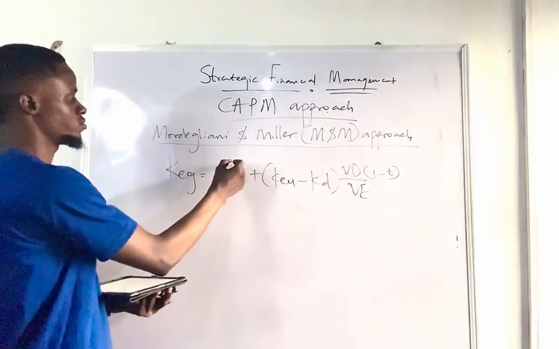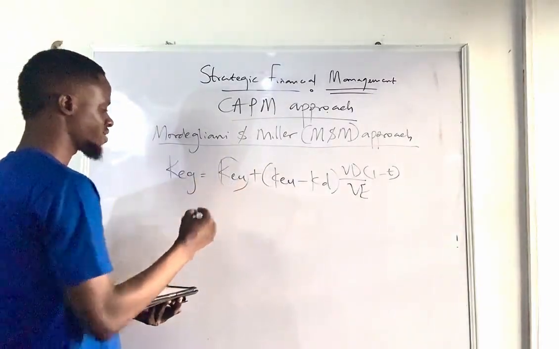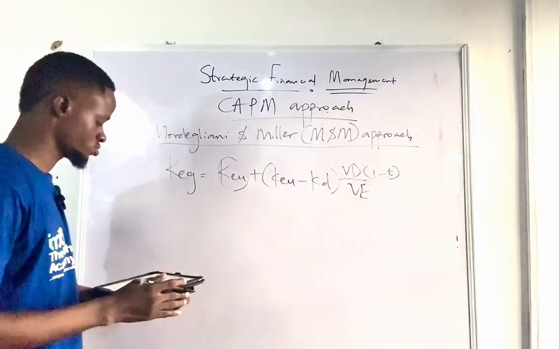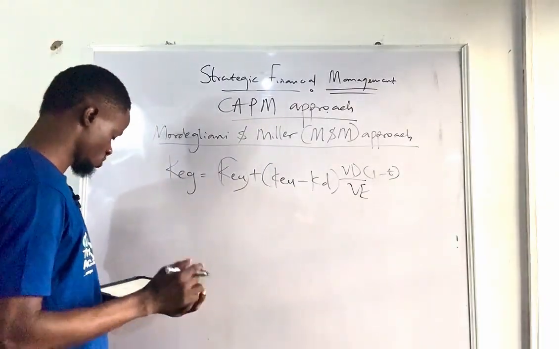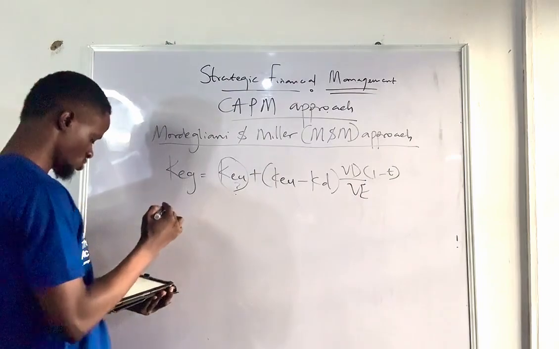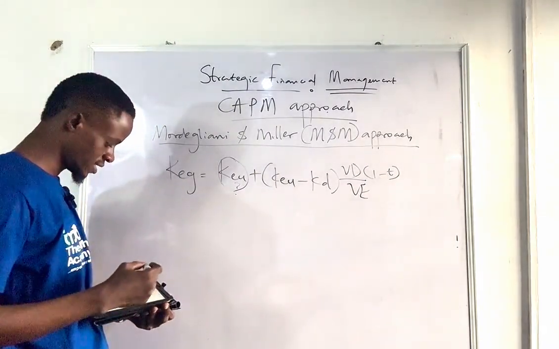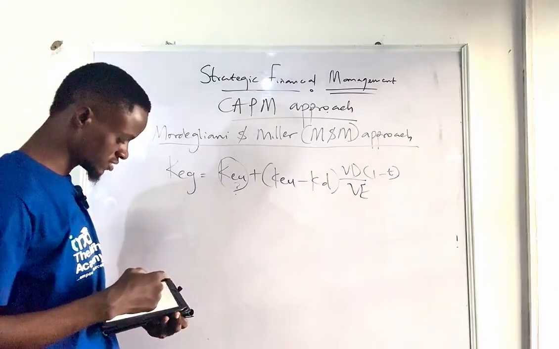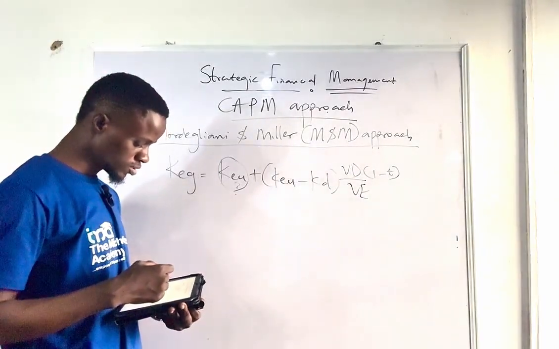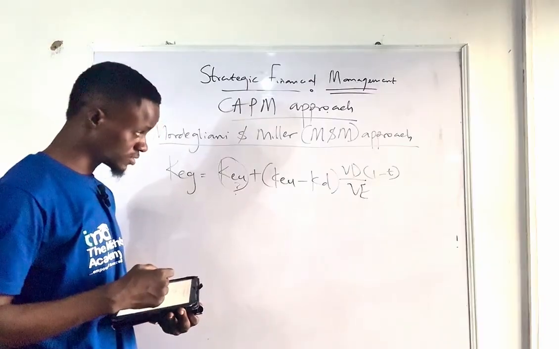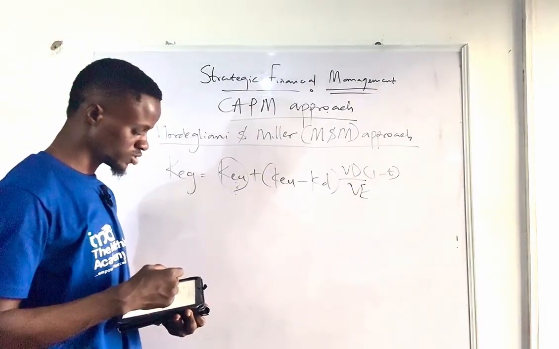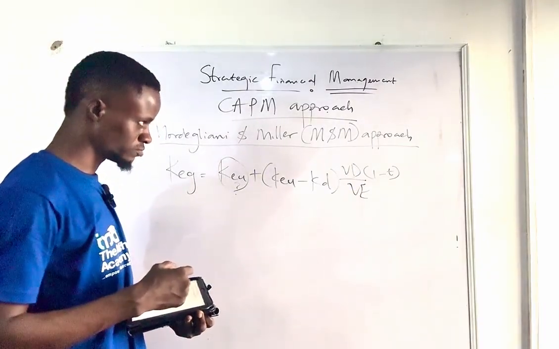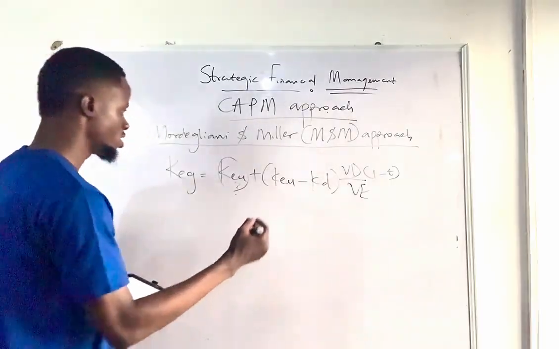So we are looking for this guy, Q. Let's input our parameters into the equation. We have Keg as 16%, KD is 8%, value of debt 600 million, value of equity 400 million, and tax 30%. So let's input our values.